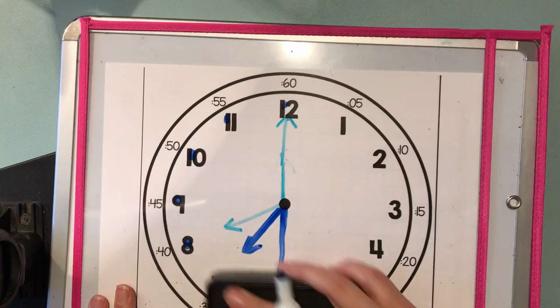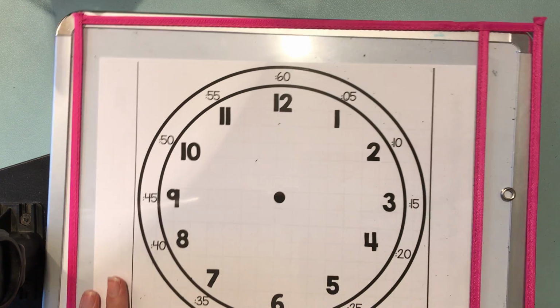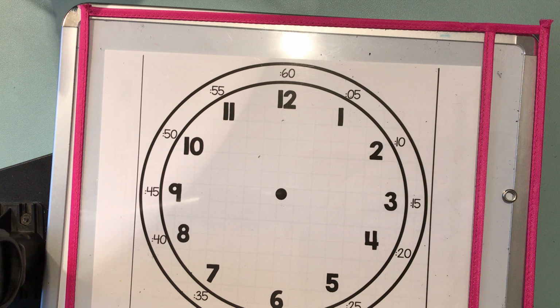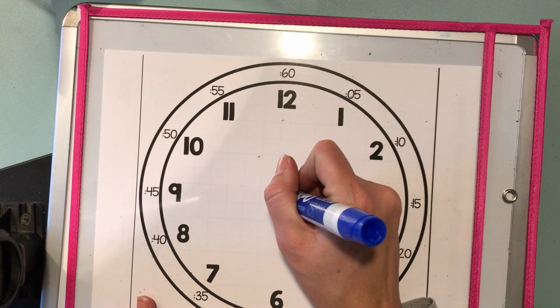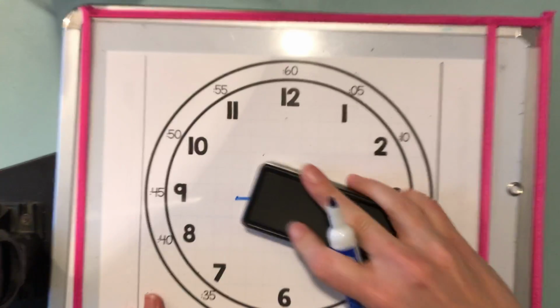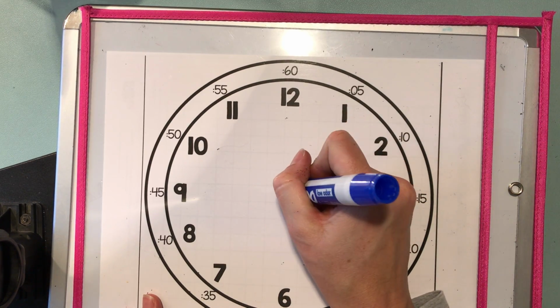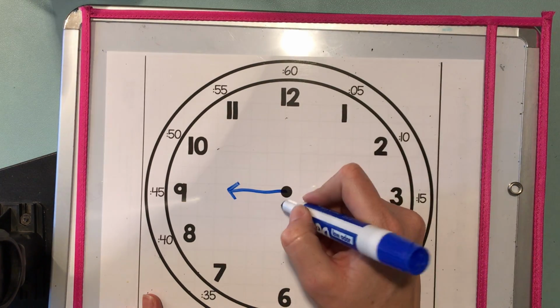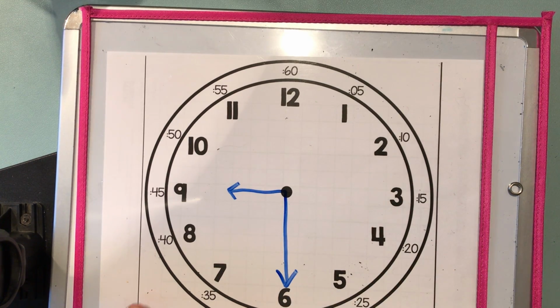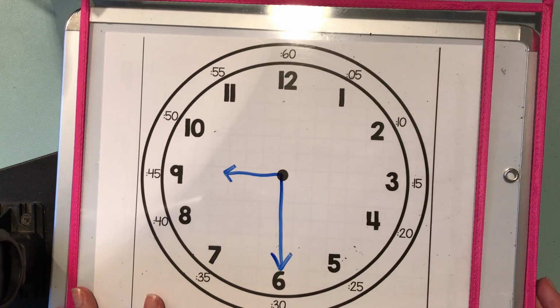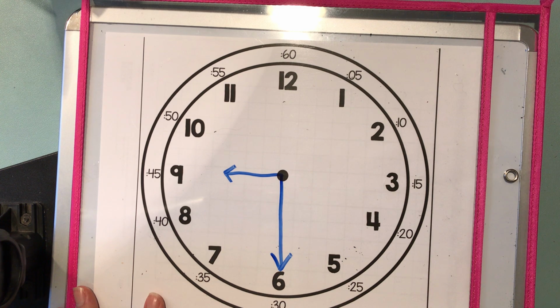All right. Now let's practice. Those two we just did were, what time will it be? Now we're going to go backwards. What time was it? So this is in the past, right? Let's say it is 9:30.